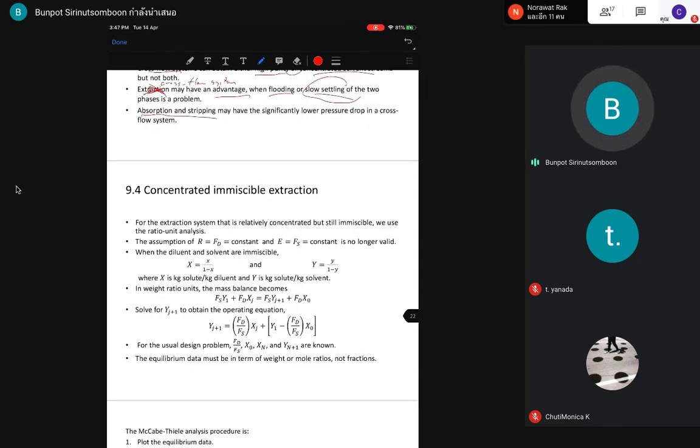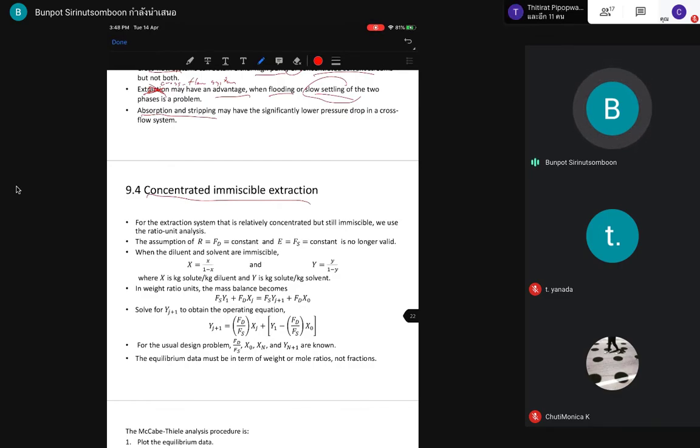Okay, and next, concentrated immiscible section. So far, in the previous sections, we assumed dilute, right? We assume that our solute only exists in the system in a small quantity, so it makes our life easier with the calculations.